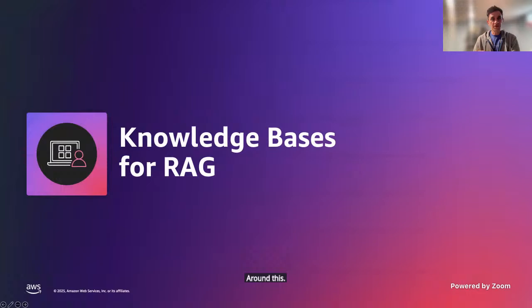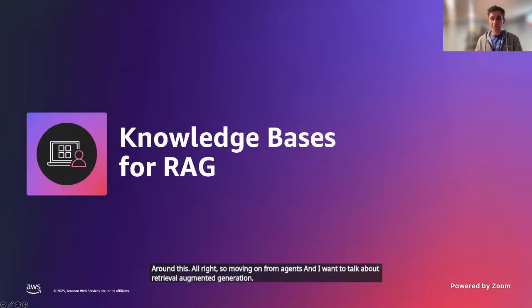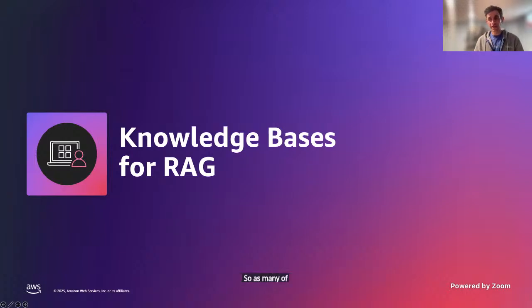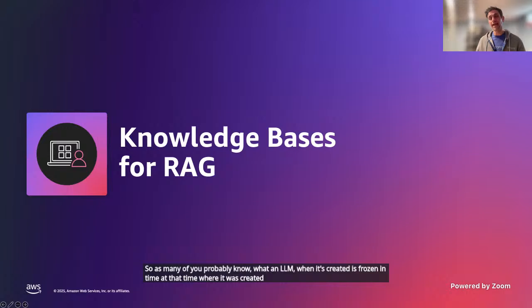All right, so moving on from agents, and I want to talk about retrieval augmented generation. So as many of you probably know, an LLM, when it's created, is frozen in time at that time where it was created. So it doesn't know anything that happened afterwards, right?